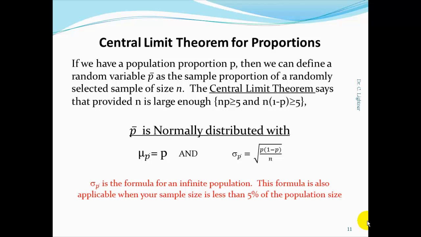The central limit theorem says that provided n is large enough, p bar is normally distributed. The population mean of p bar is the original population proportion, and the standard deviation of p bar is the square root of p times 1 minus p divided by n.